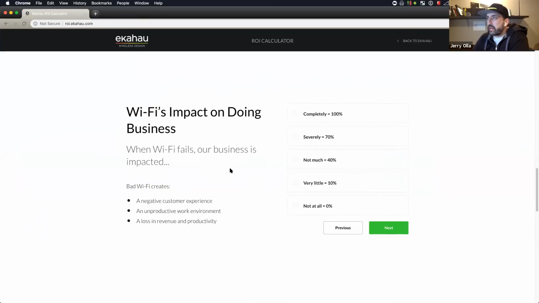And then what is the impact on doing business, right? So within the organization, what we're looking at here is, if the Wi-Fi goes down, is it just an inconvenience, or is it like we can't process a transaction in a retail environment, those types of things. So we can look at, from a percentage standpoint, what is the impact on the overall business? Does it just shut everything down? Does everything grind to a halt if the Wi-Fi is not working?